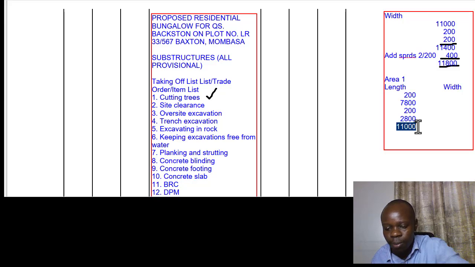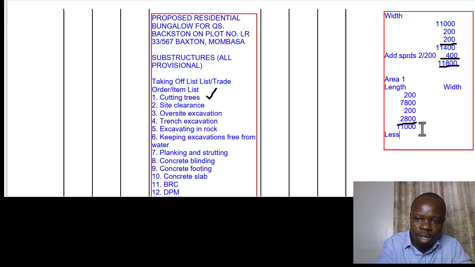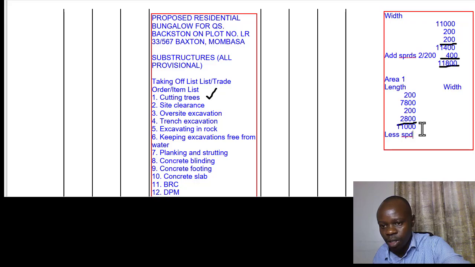We have it there, and then we less the spread for the other side, the one that we have seen, and the spread is 200. So it's 11,000 less 200.